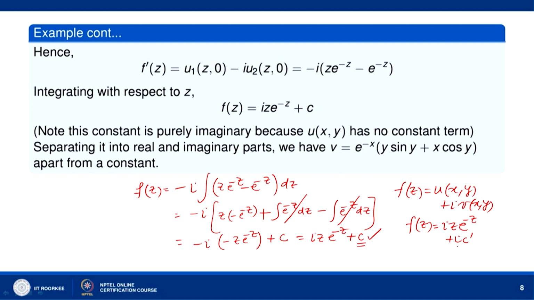Now, if you want to find the conjugate harmonic function of u, then that you can find from f z equal to I z into e to the power minus z plus I c dash by separating it into real and imaginary parts. Okay. By writing z equal to x plus I y and equating real and imaginary parts, we can find the function v x y. So, this Milne's method helps us in finding the analytic function associated with a given harmonic function.